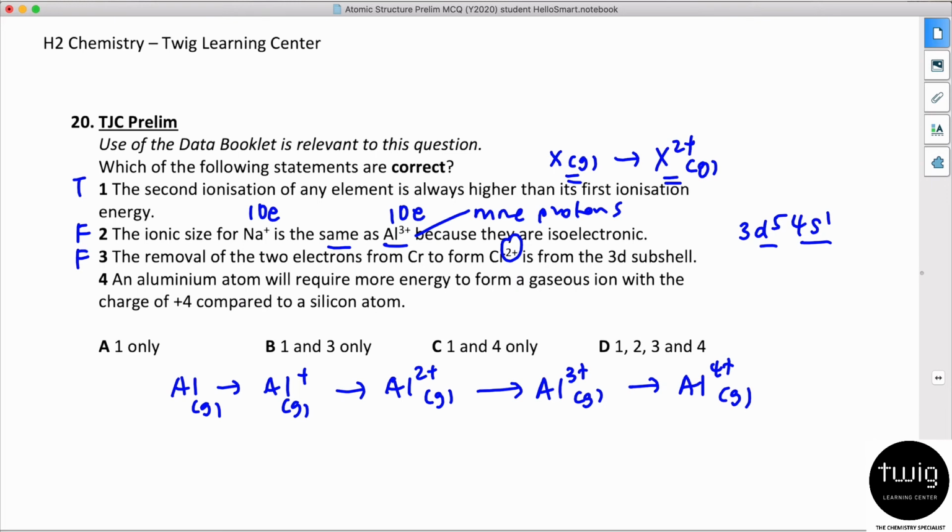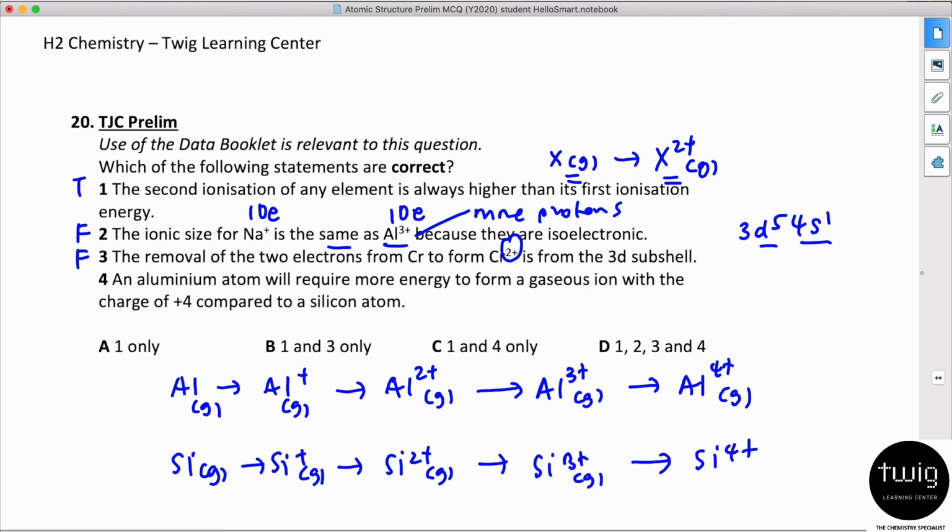For silicon, Si+, then Si2+, Si3+, then Si4+. If you look at the configuration, Al3+ has a noble gas configuration. The configuration for Al3+ is just 2, 8. I'm keeping it simple. But the configuration for Si3+ is actually 2, 8, 1.